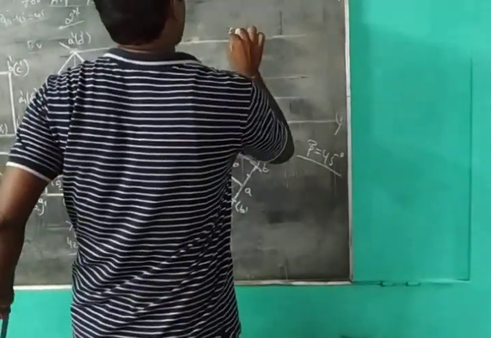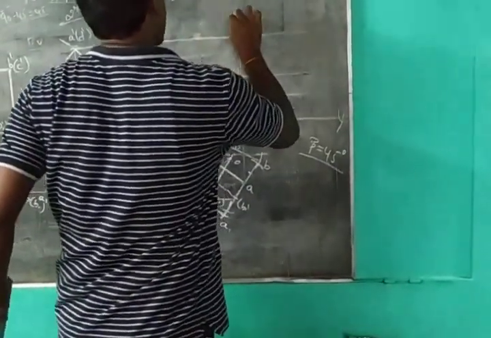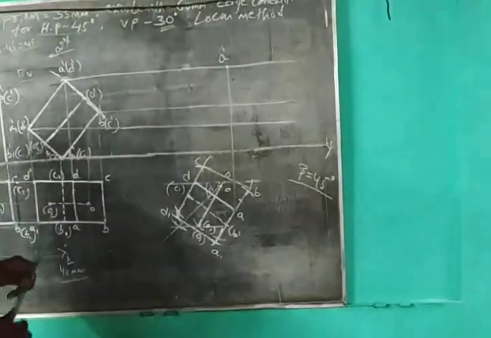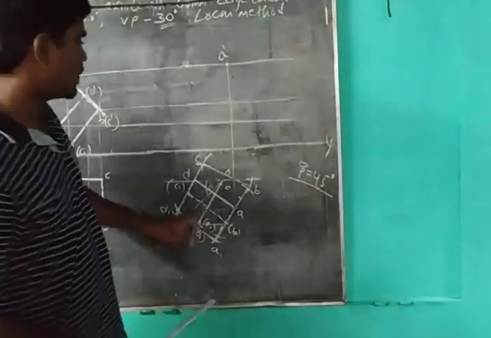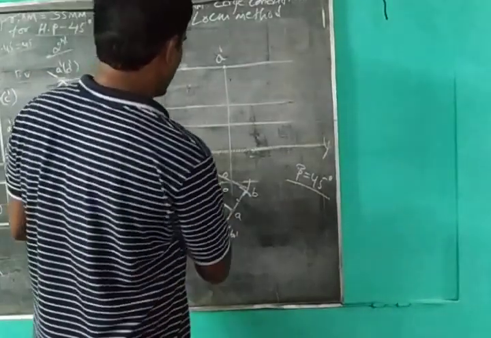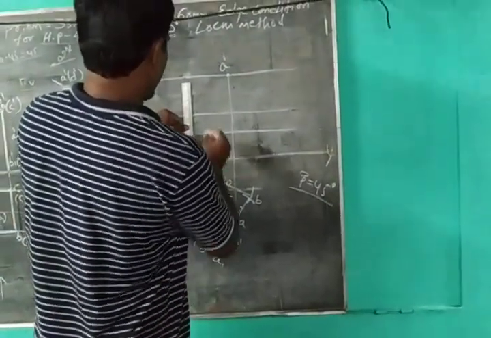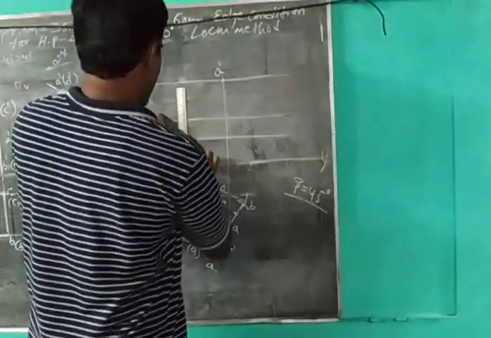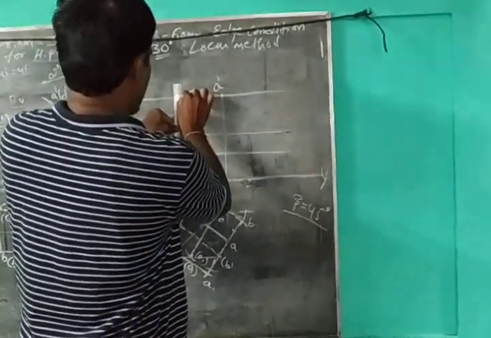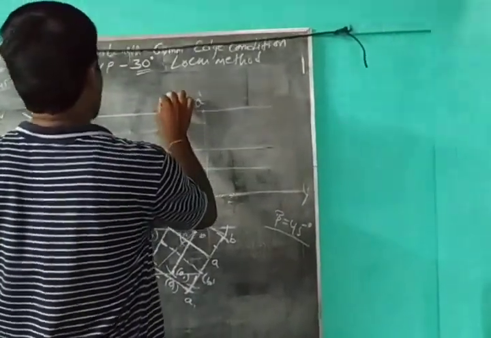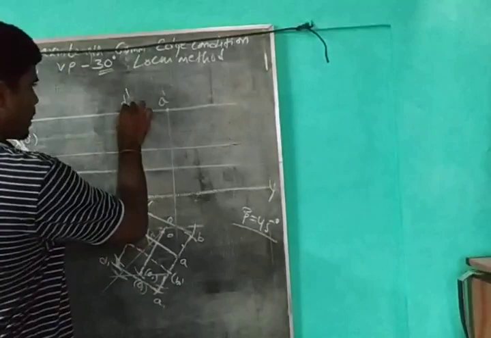This is called A dash. Similarly D is here and D is here, and this becomes D dash.